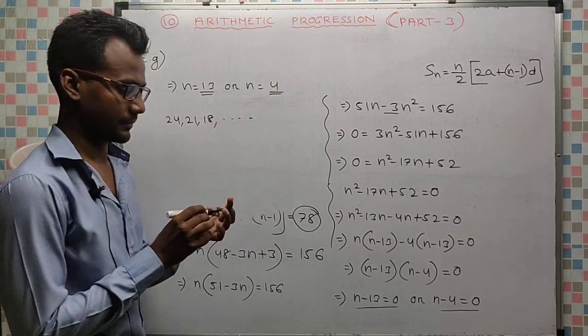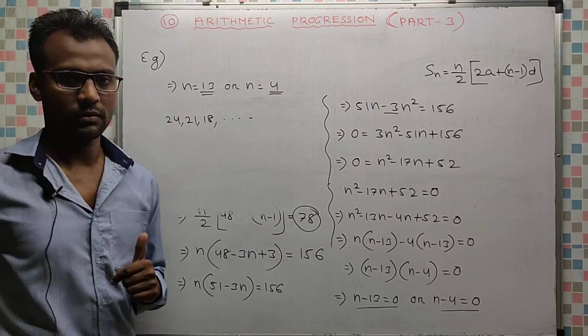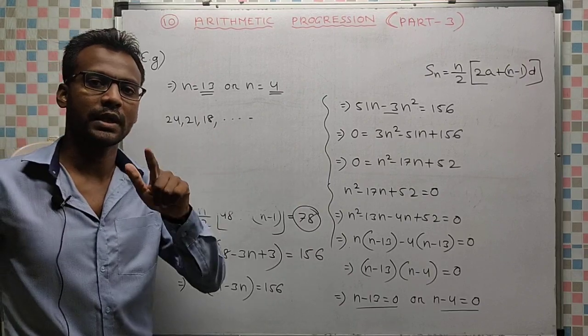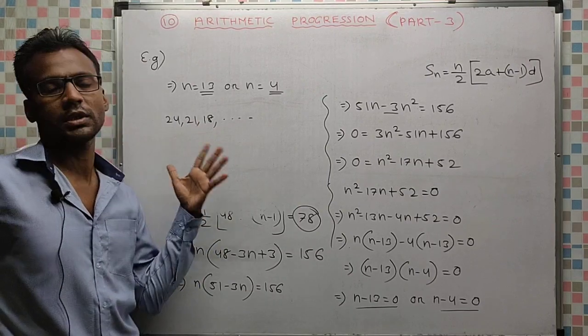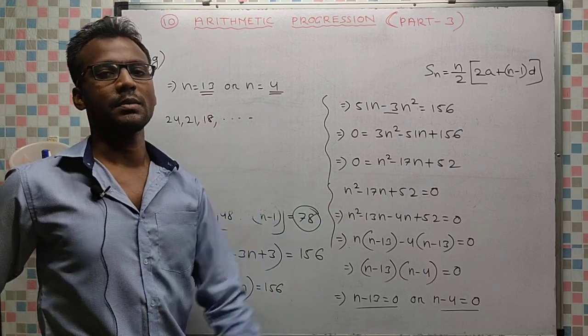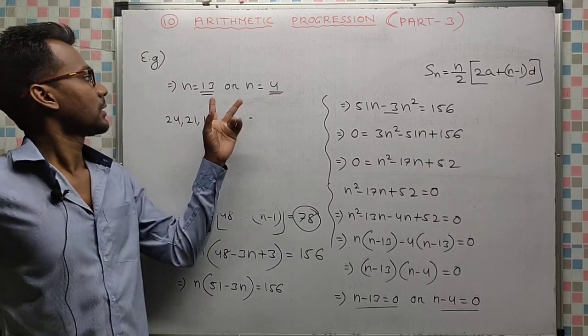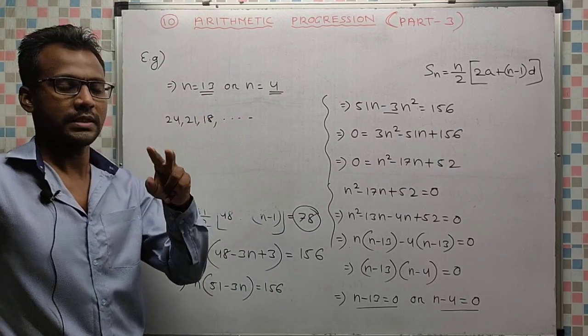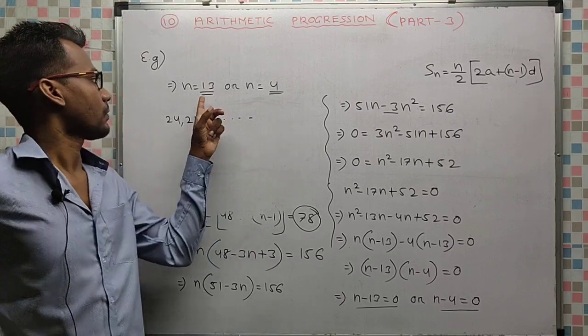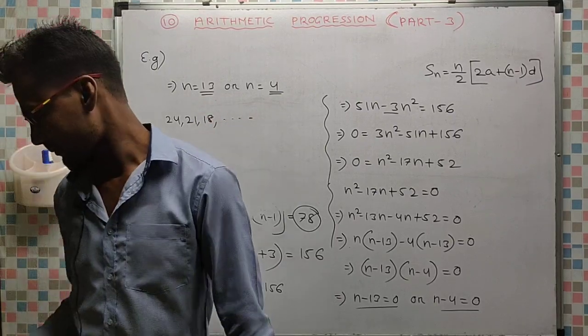It is a decreasing AP, so definitely there will be some negative terms also. There are some positive terms, but there will be some negative terms also. For that reason, there will be two values of n. One is 13, the other is 4.